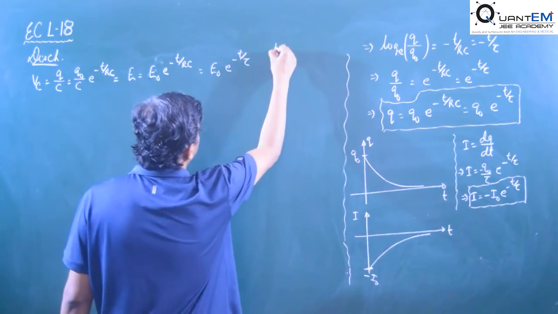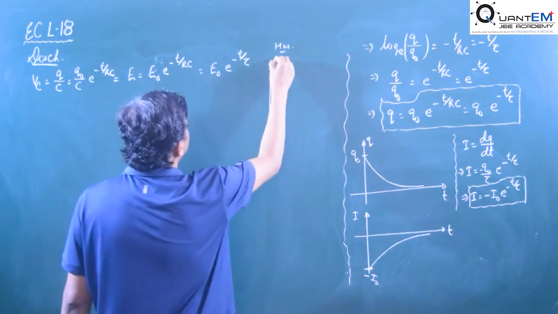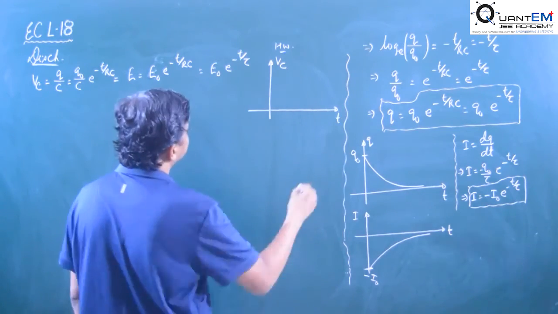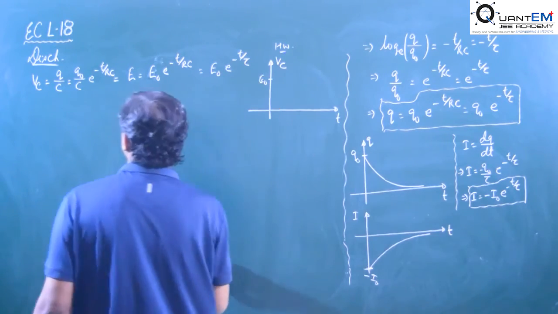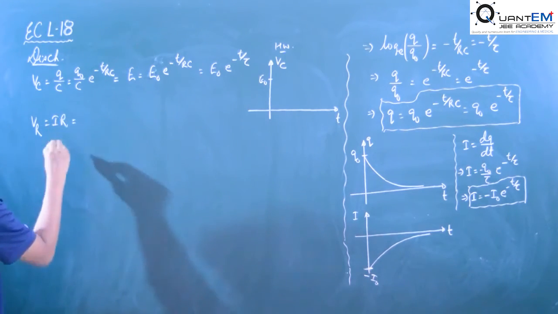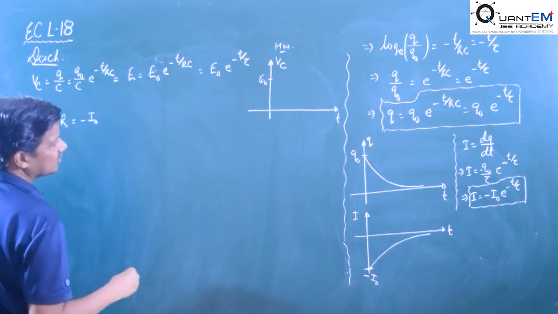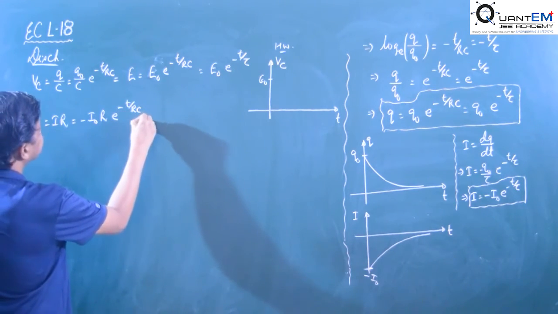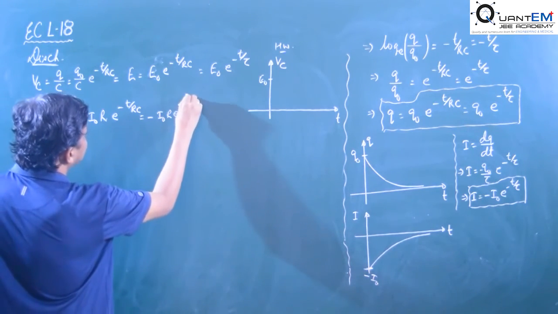This question is for homework. You have to draw the VC and time graph. Okay, similar to this. Now what about VR? VR we have IR. Okay, I we have minus I naught e to the power minus t by tau, so VR is minus I naught R e to the power minus t by tau.